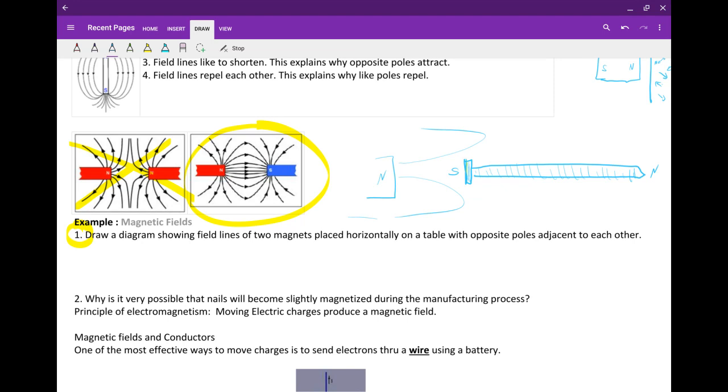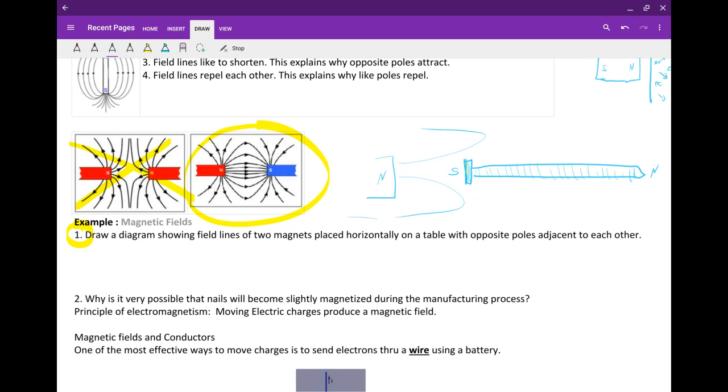But if I have a nail and I place it next to a magnet, then it does become a magnet. Okay? If it's already a nail that's pre-made, then it'll become a magnet next to that other magnet. And then if I take the magnet away, it'll go back to non-magnetic.